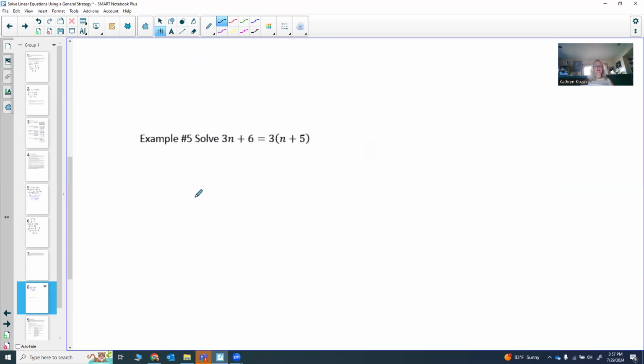Example 5, let's solve 3n plus 6 equals 3(n plus 5). First, distribute to clear the parentheses. So 3n plus 6 is equal to 3n plus 15.